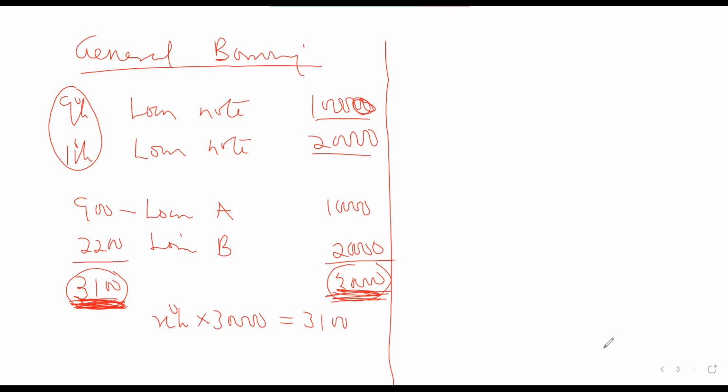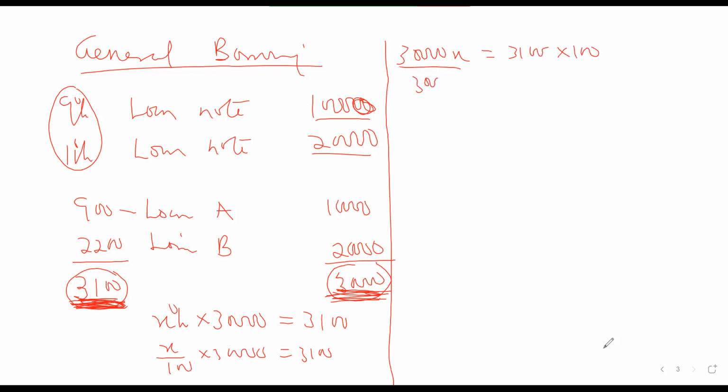That will give us the interest of 3,100. So this is the same as x over 100 times 30,000 is equal to 3,100. We can say that 30,000 x is equal to 3,100 times 100.